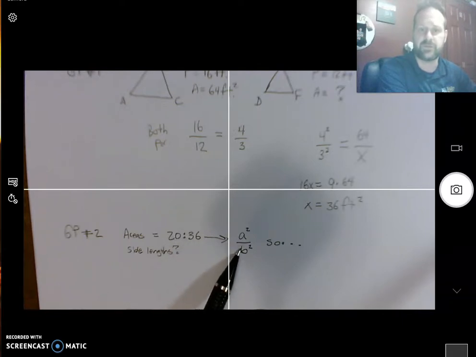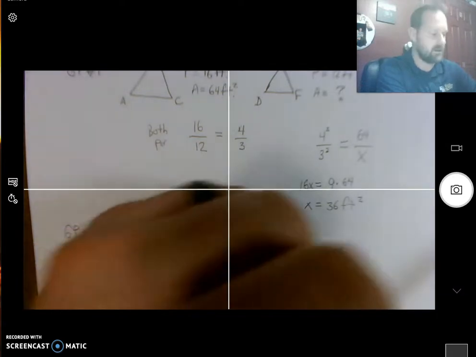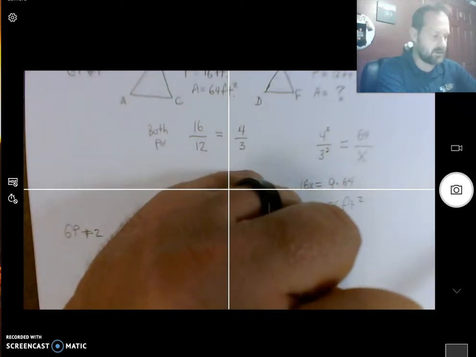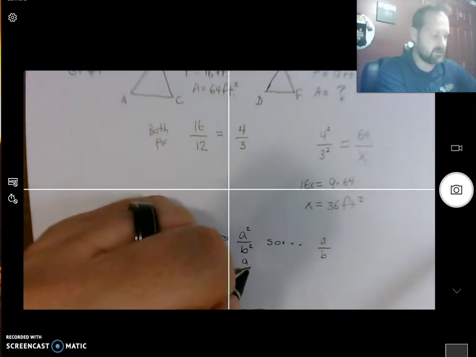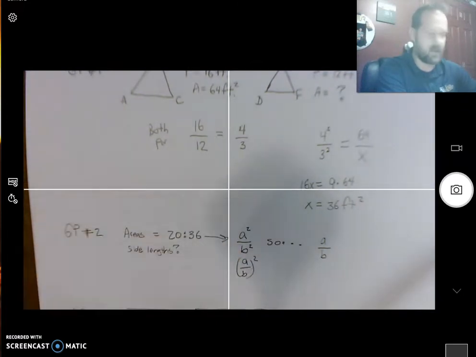So if a squared over b squared is this, then I know that the ratio of the side lengths is a over b. Again, using algebra, I can represent this in this format. So inside here would be the ratio of the side lengths.